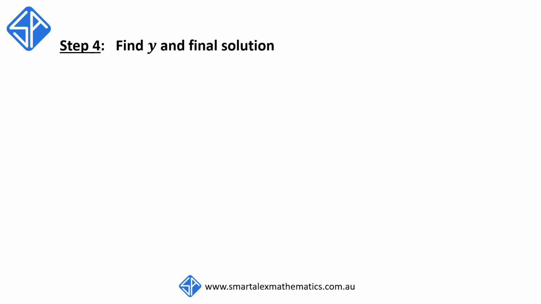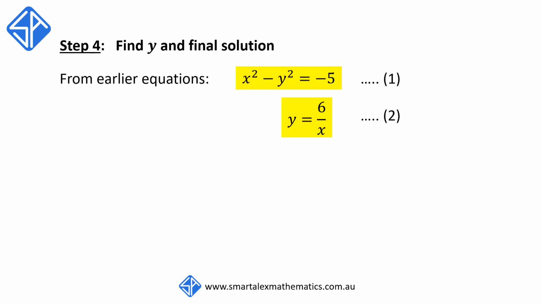Our last step now is to find the corresponding values of y, and hence we'll get the final solution. So remember the equations we got from equating the real parts and imaginary parts? They were x squared minus y squared is equal to negative 5, and y is equal to 6 divided by x. So just then, we had x is equal to 2 and x is equal to negative 2.